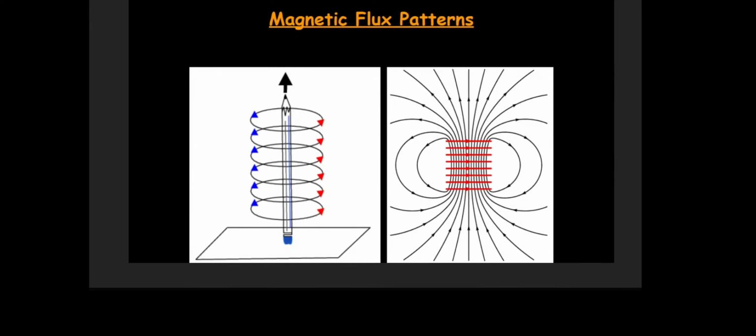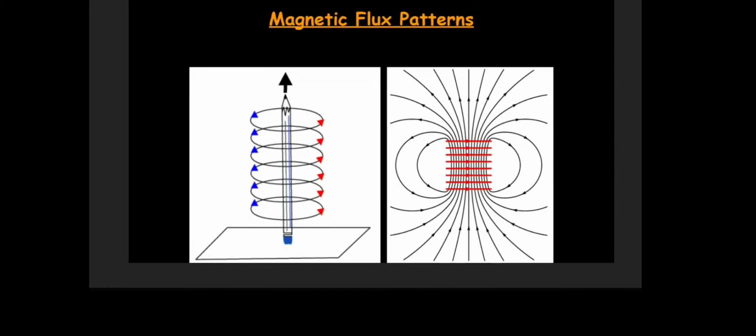I don't understand how you get the solenoid one. The solenoid uses the same right hand grip rule, but the difference is that your four fingers will curve in the direction in which the current is going, and your thumb will be pointing towards the North Pole.